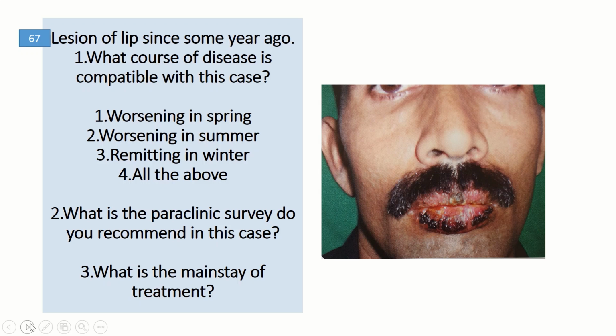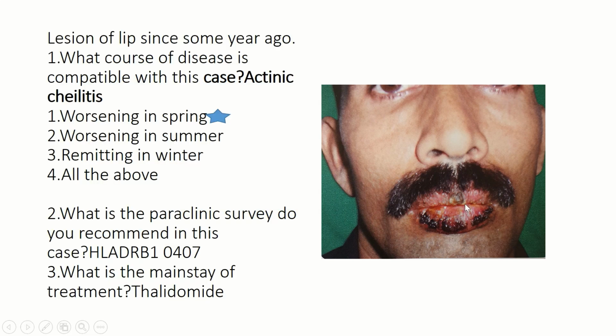And here, lesions seen some years ago, and as you see here, these crust and erosion that is recurrent is indicative of actinic cheilitis, commonly affecting the lip and eye as conjunctivitis and cheilitis. This condition worsens typically in spring.